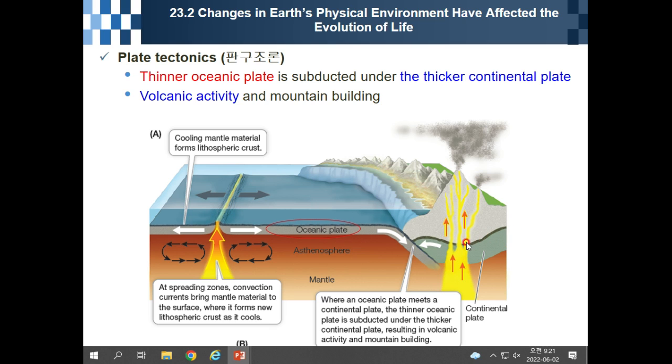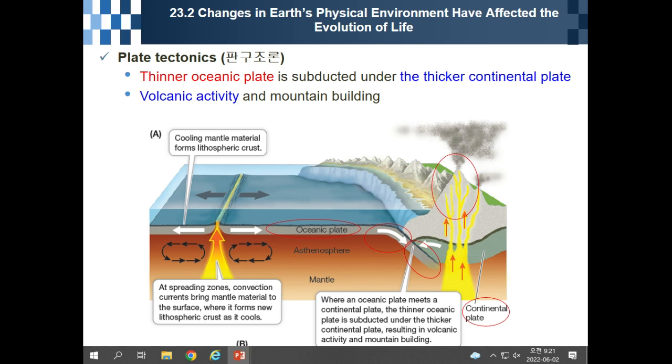However, the continental plate is very thick. So usually the thinner oceanic plate is subducted, going inside under the thicker continental plate. In this area, volcanic activities usually happen, so they make mountains like this.